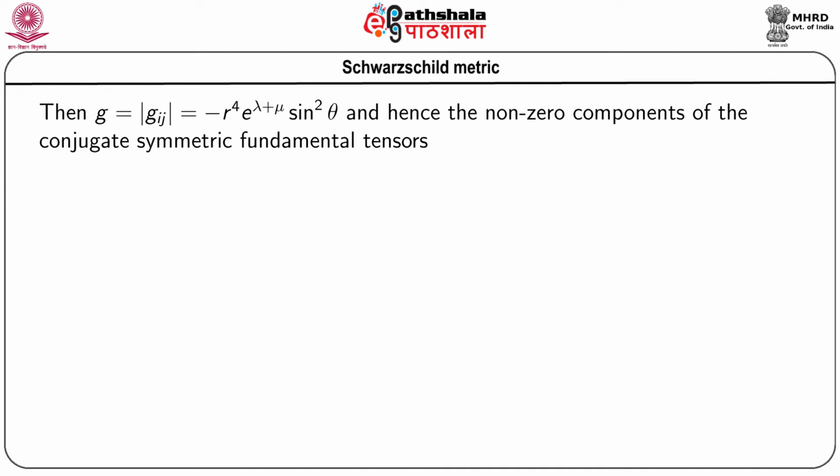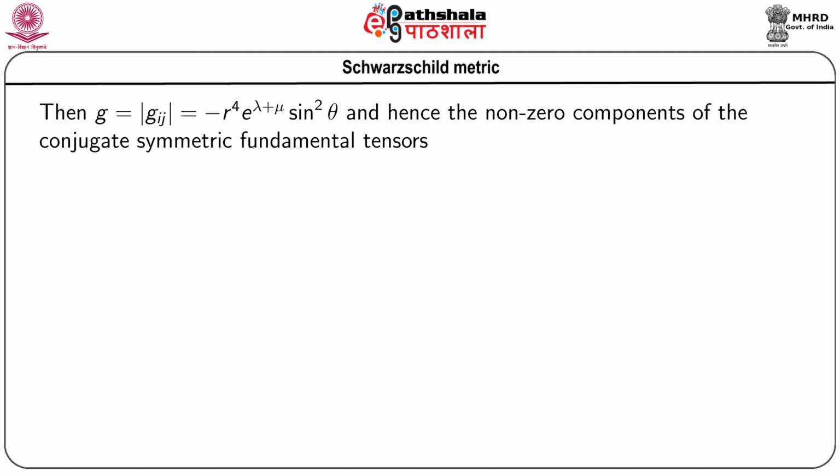Then the determinant of gij, generally we write it as g, is equal to minus r to the power 4 e to the power lambda plus mu sin square theta.